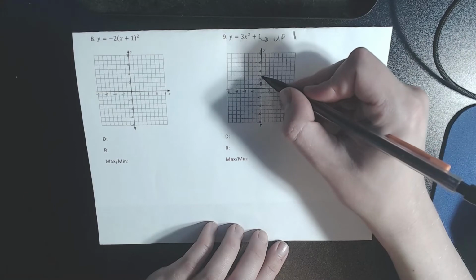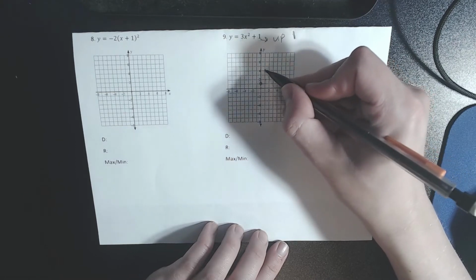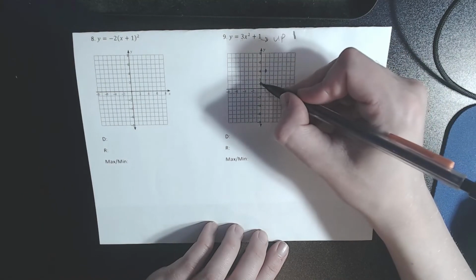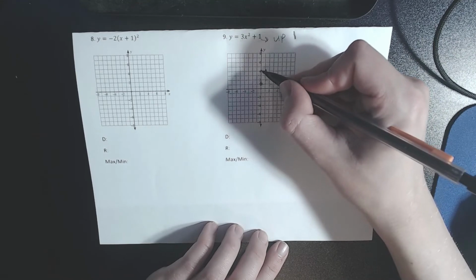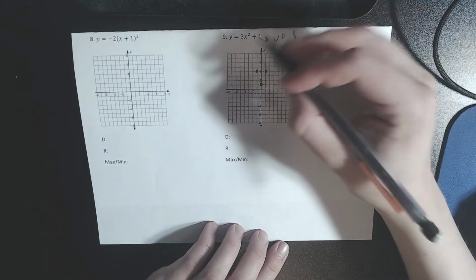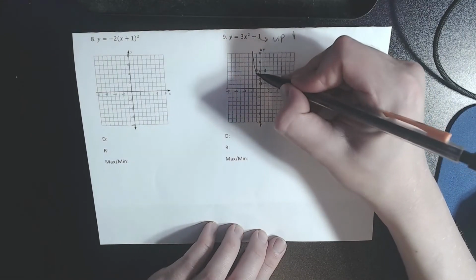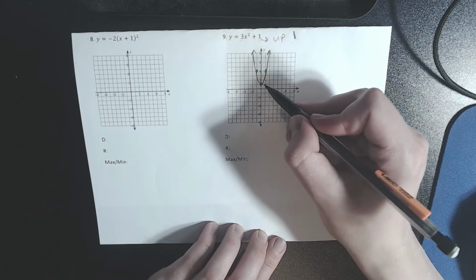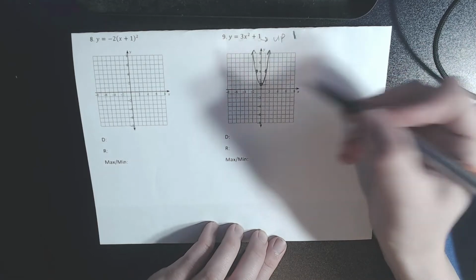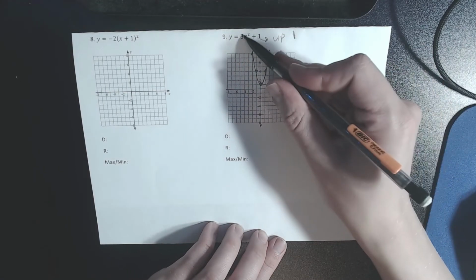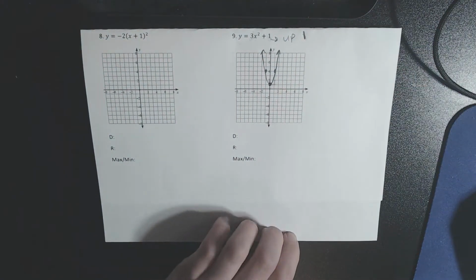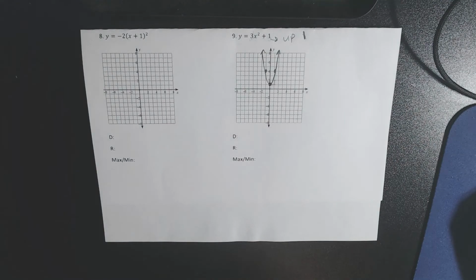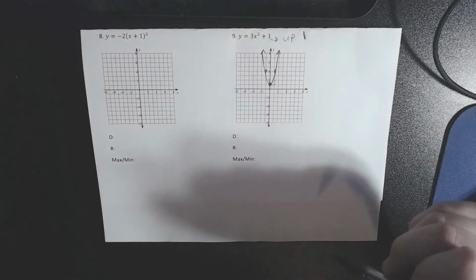So up 3, 1, 2, 3, over 1, okay? And then up 1, 2, 3, over 1. So it's just kind of a tighter parabola. So you always are going over 1, but this number just tells you how much you go up, okay, or down for that matter, okay. So that would be our graph of this one.